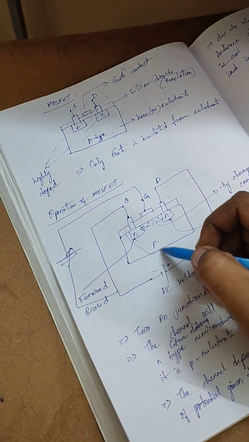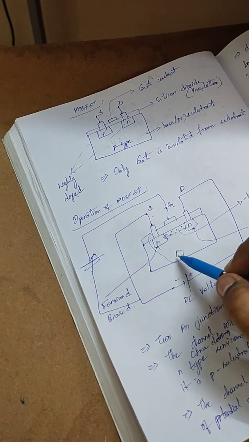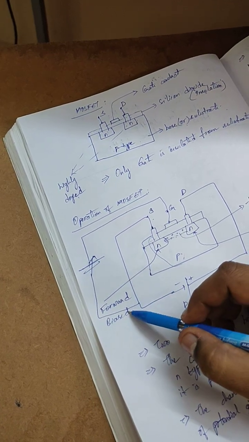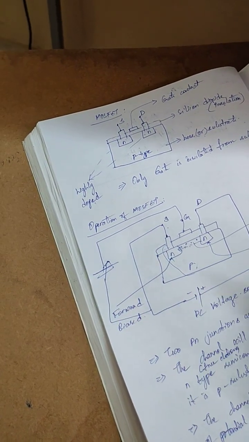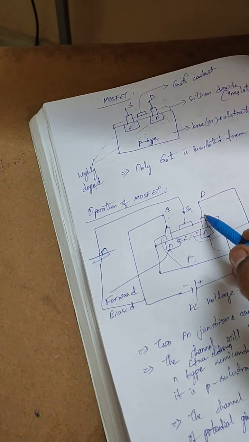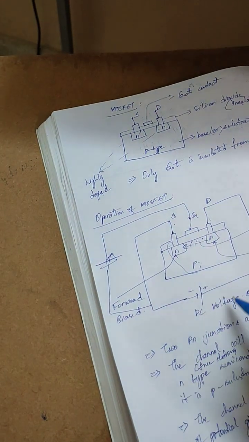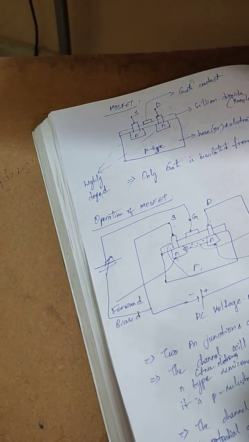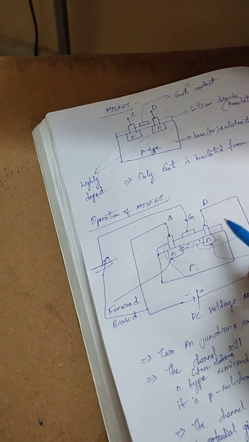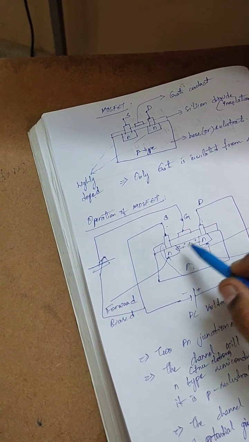Here again one PN junction is formed between the source and p substrate, that is forward biased. What happens is when we connect the drain to a positive voltage and the source to the negative of a DC voltage source, electrons flow from D to S.